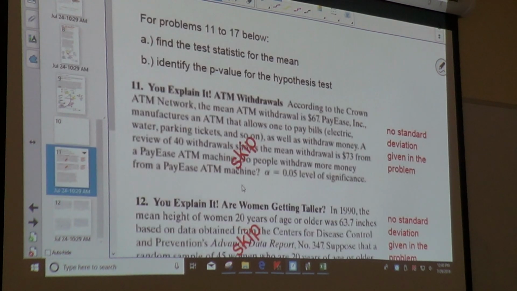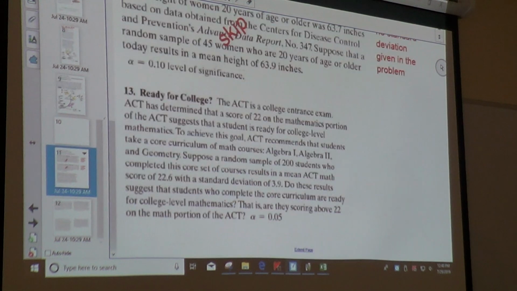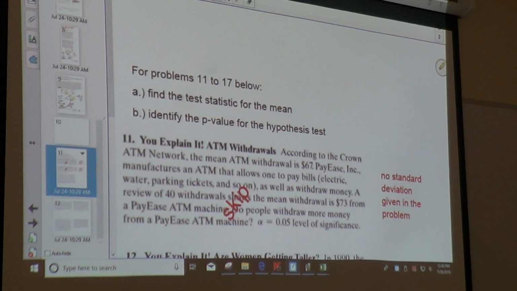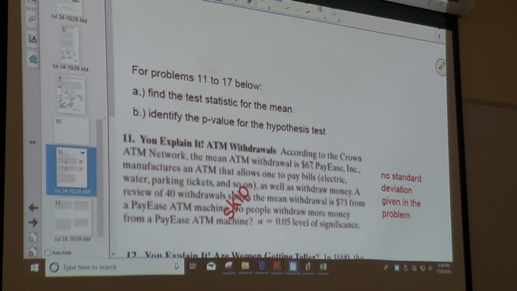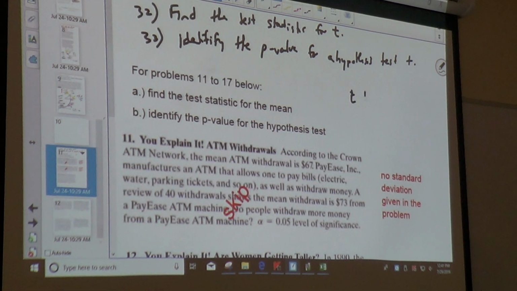All right. Now, this is going to be 32 and 33. 32 says find the test statistic for T, and 33 says identify the p-value for a hypothesis test T. Now, remember, t-tests have a standard deviation.